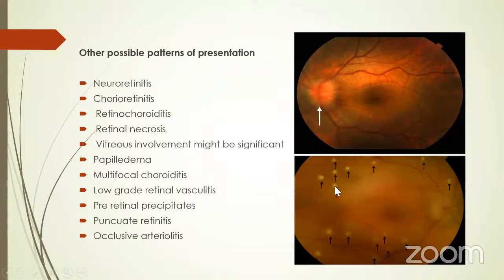These are pre-retinal precipitates. These are basically aggregates of T cells, and they are usually above the retinitis lesion. Punctate retinitis can be present, and occlusive arteriolitis.